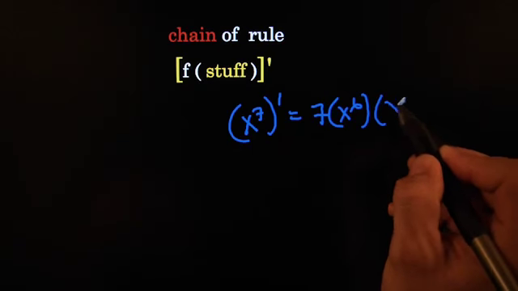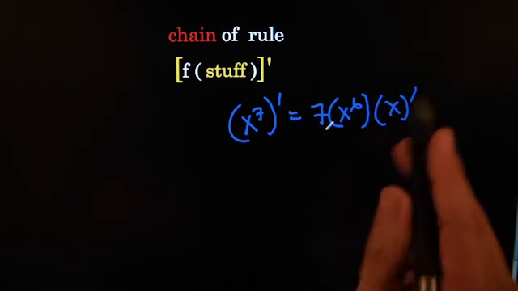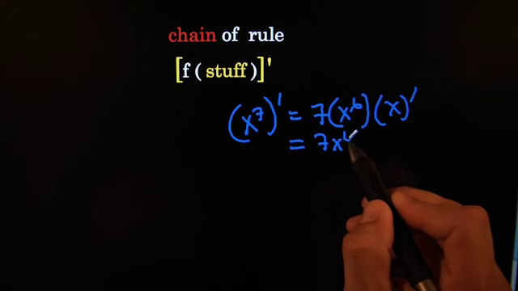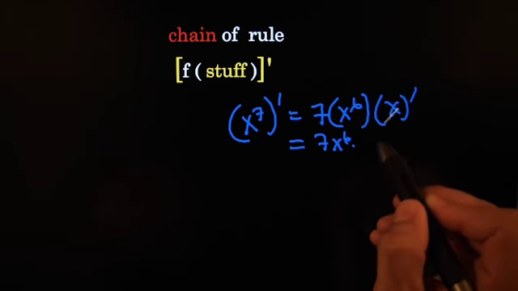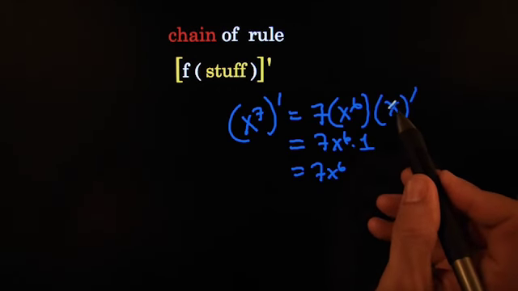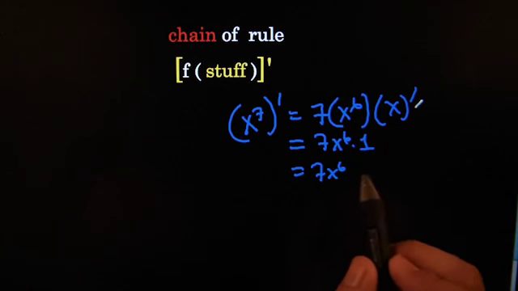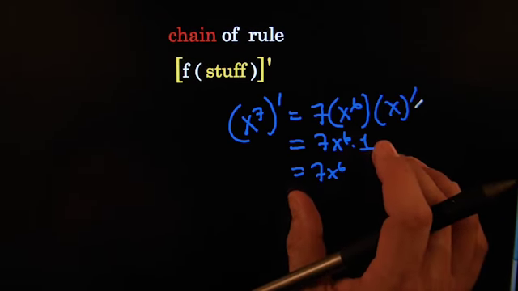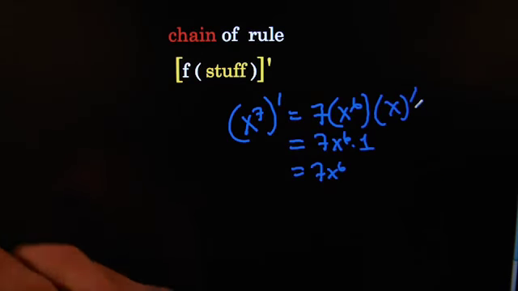But then you've got to do x prime, the stuff inside. Yeah, you have to. You always do. That's chain rule. But what's the derivative of x with respect to x? It's 1. That's why you never saw that. That's why it looks like we stopped there. But really, you're not supposed to stop until you're down to 1. It's like peeling an onion.